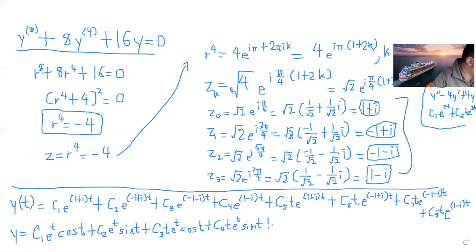Plus, okay, so plus C5. Remember, there was the 1 plus i and the 1 minus i.